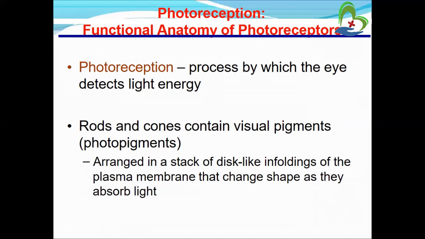The rods and cones are activated at that time and visual pigments are also involved. They are arranged in a stack of disc-like enfoldings of the plasma membrane that change shape as they absorb the light. Rods and cones we already discussed previously. Rods are activated in dim light and cones are activated in bright light.